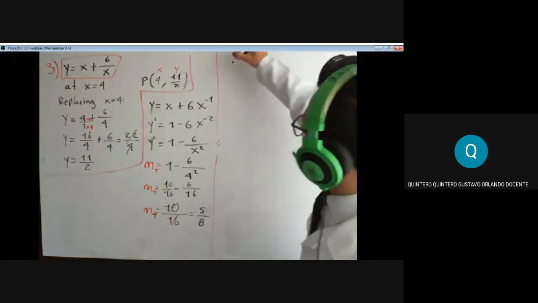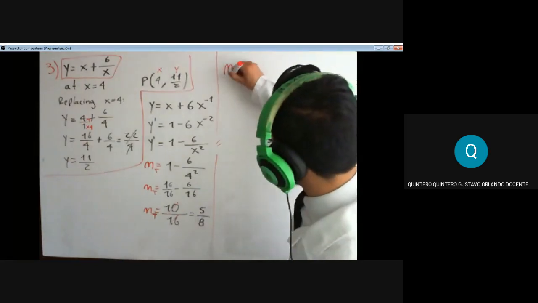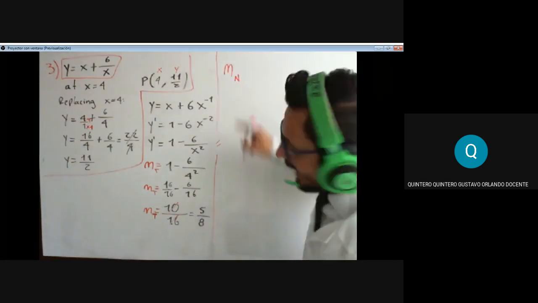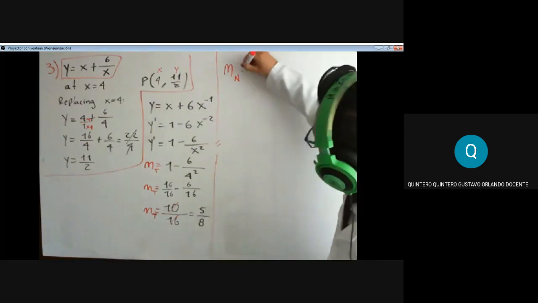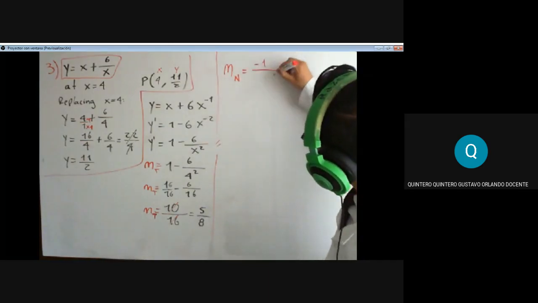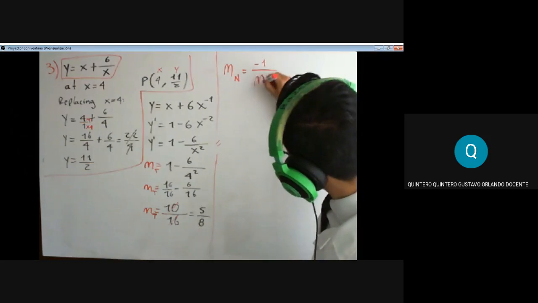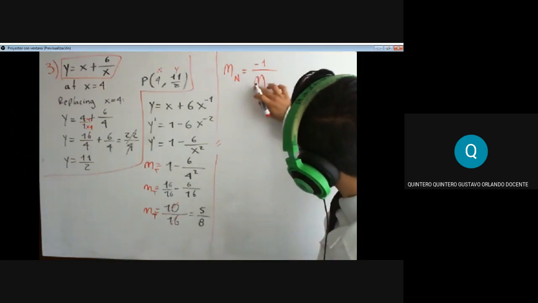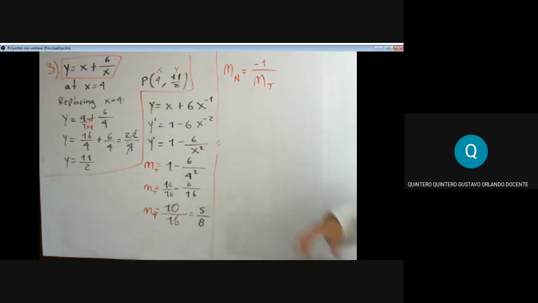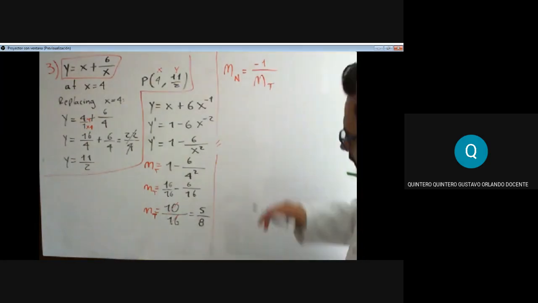All right, in case you didn't know, the slope of the normal, mn, is the same as negative 1 over the slope of the tangent. This is called the reciprocal opposite. What I'm saying is, whatever is down, put it up. Whatever is up, put it down, and put a negative to it. That is it. Let me show it to you.